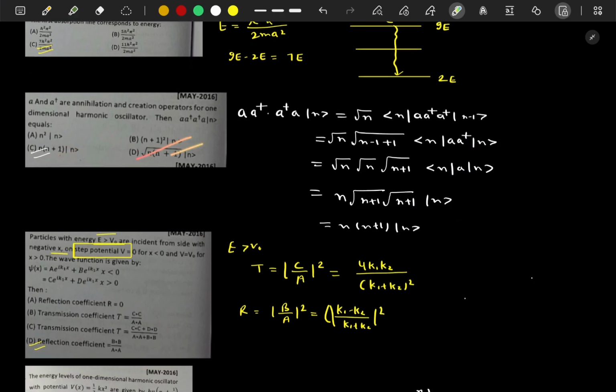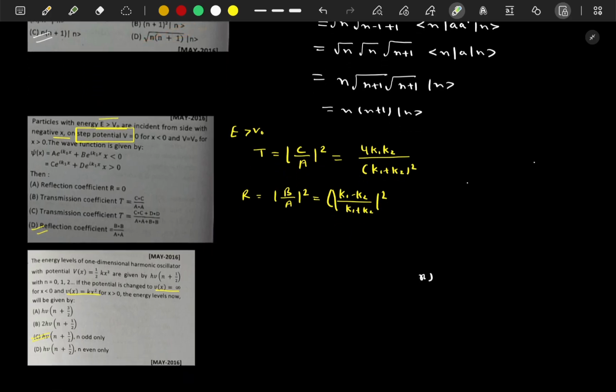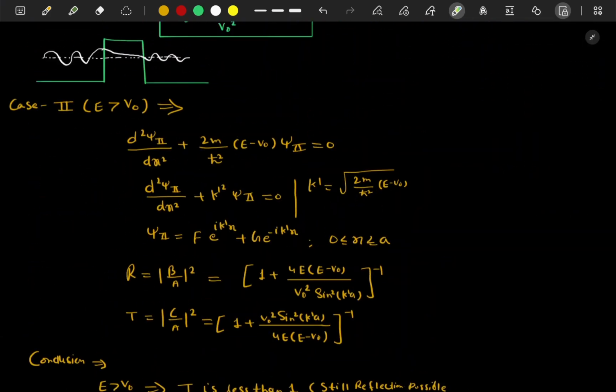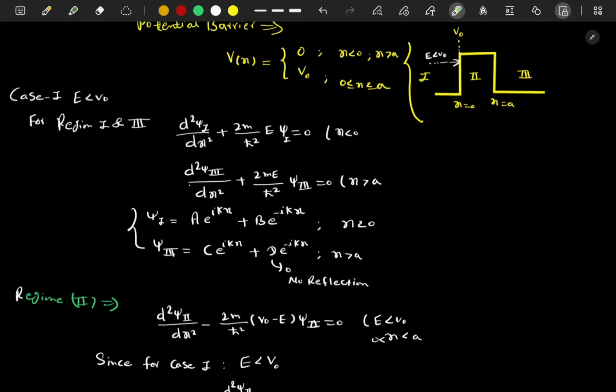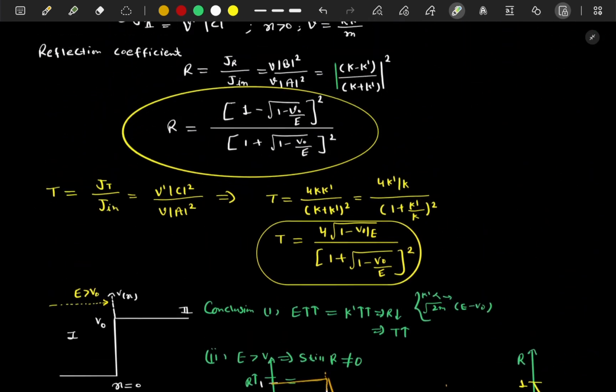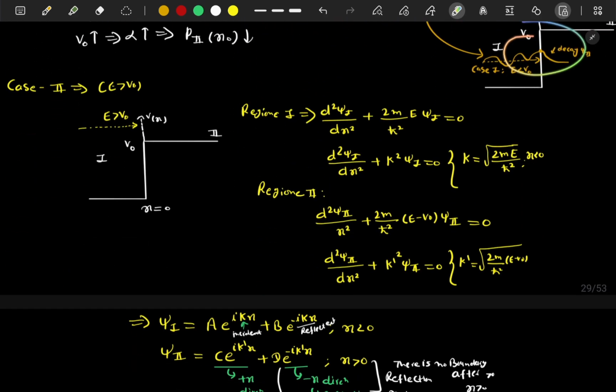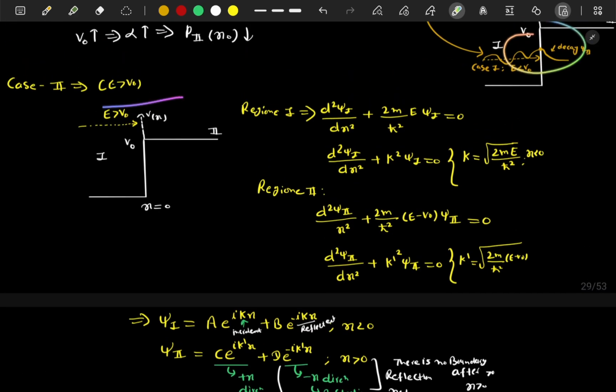Many times this question has been asked. Okay, just remember this. Now very important, we have just done this. Now step potential, E greater than V naught. I will show this to you. Where is the step potential? This is the step potential, and E greater than V naught.